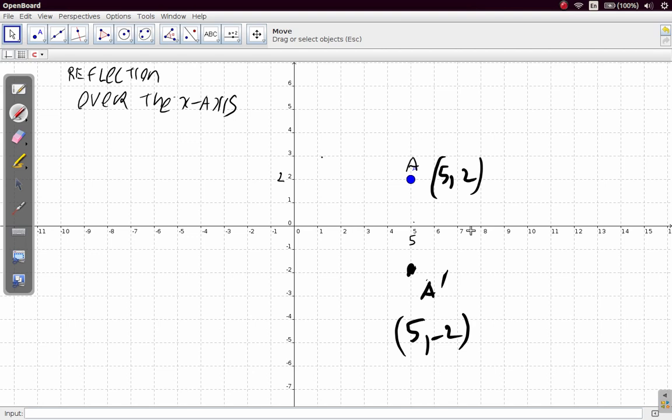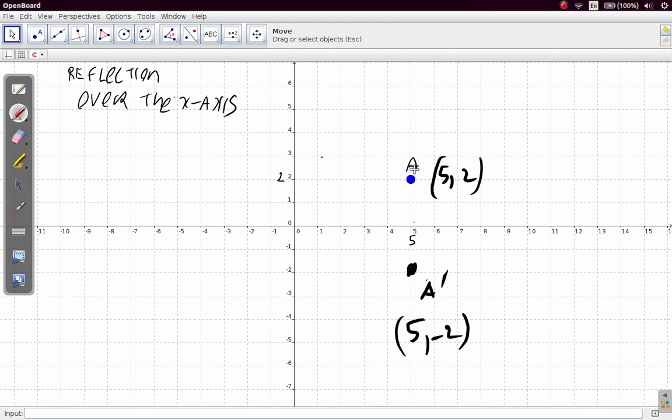And you must show how you get A to become A prime. Alright? You have to show it. Remember, A prime is right there. A is up here, A prime is here. It's obvious from the graph that A at 5, 2 would be reflected down to 5, negative 2.